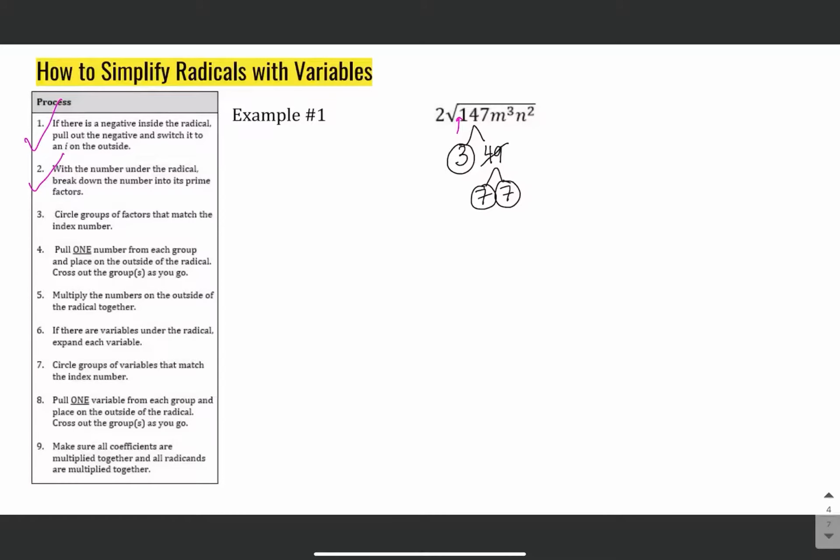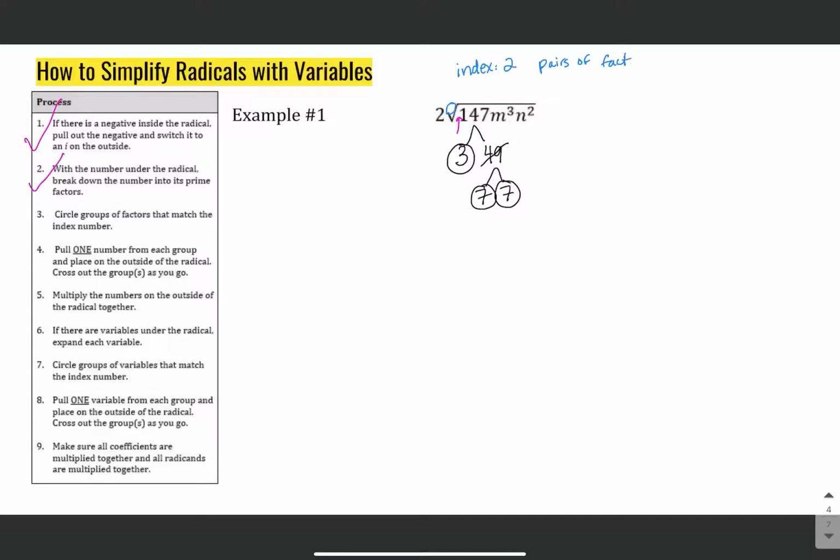We're going to circle groups of factors that match the index. So let's think about this. What is my index for this problem? Well, my index, it's invisible, so we assume that the index is 2. So I'm looking for groups of 2, or pairs, of factors.